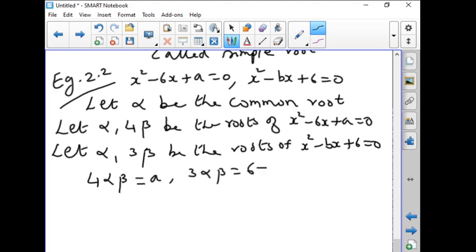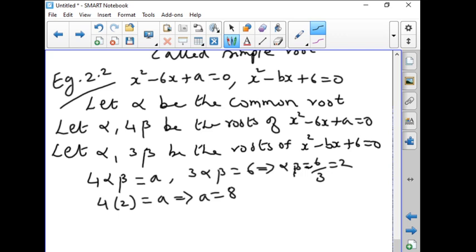So from this what you get? Alpha beta is equal to 6 by 3, which is equal to 2. So alpha beta is equal to 2. So 4 into 2 is equal to 8. So which gives us a is equal to 8.